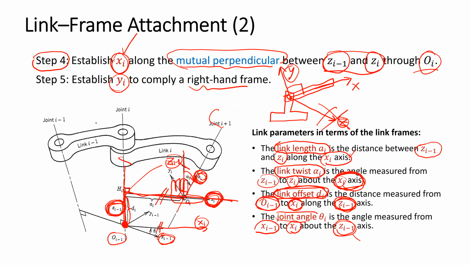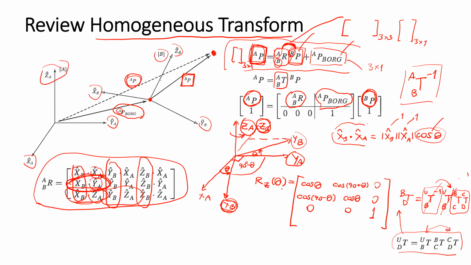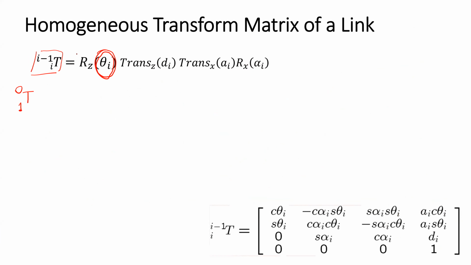So if we want to describe the frame i with respect to the frame i-1, the process we need to do is: rotate about the z-axis with the angle theta, translate in the z-axis with the offset, translate in the x-axis with the link length a, and then twist with the angle alpha.